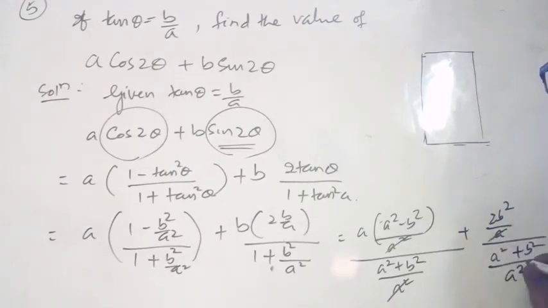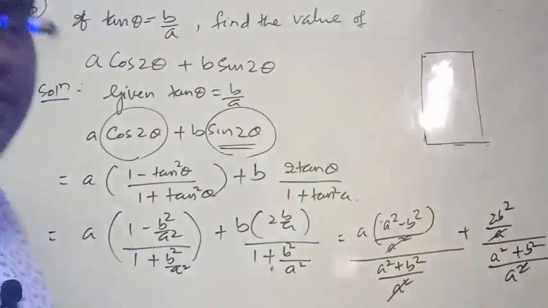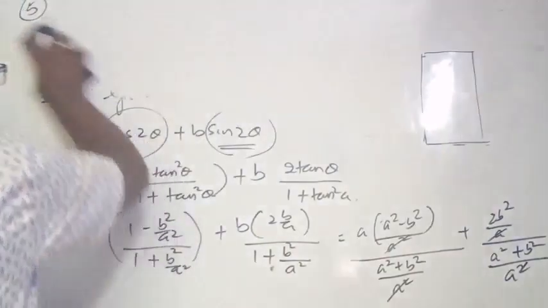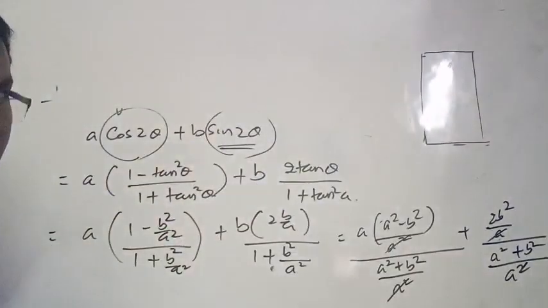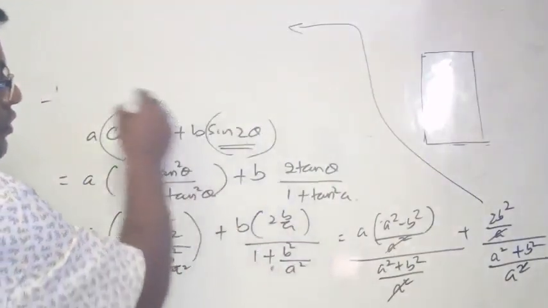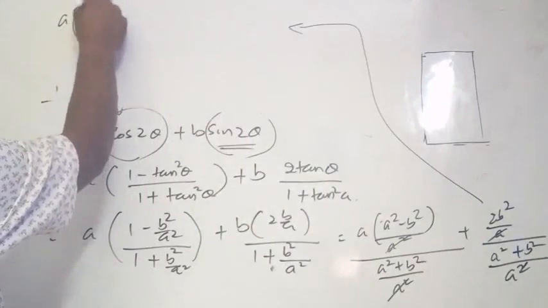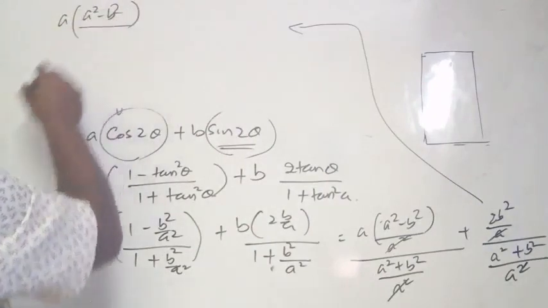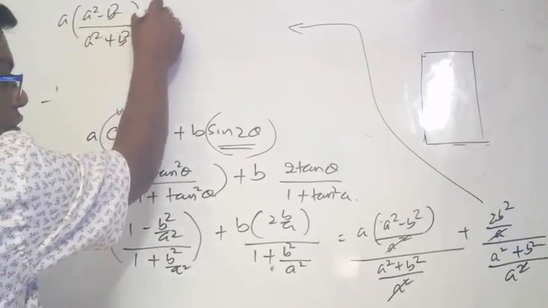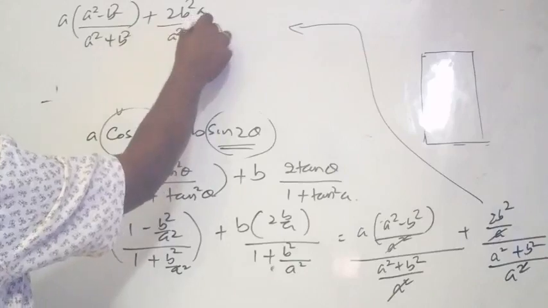So one a cancels. Now coming to this portion, this is equal to a into (a square minus b square) by (a square plus b square) plus 2b square into a by (a square plus b square). Clear?